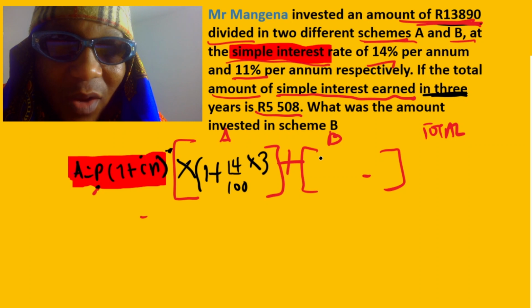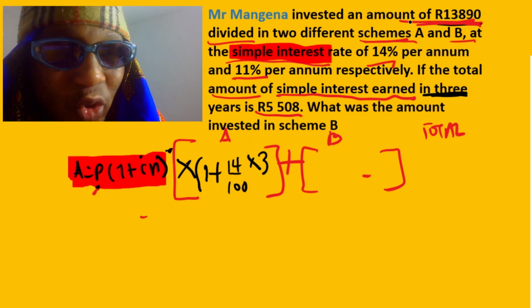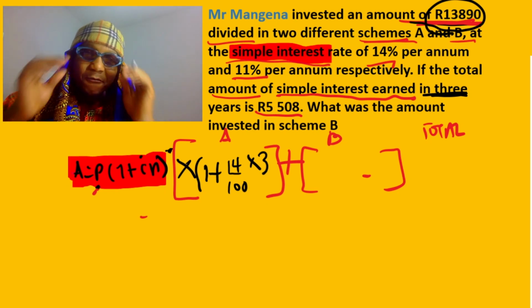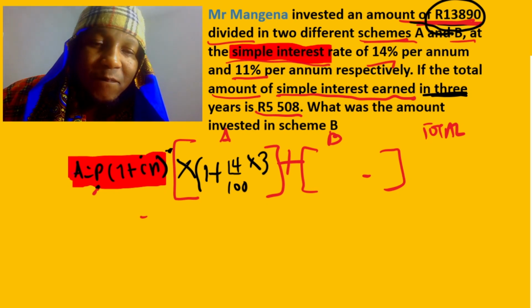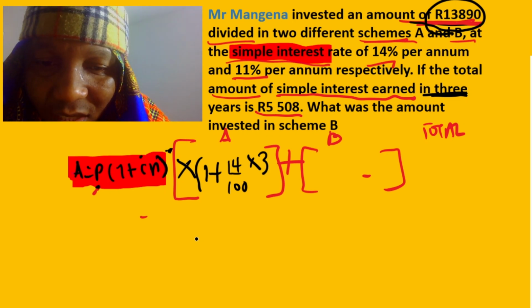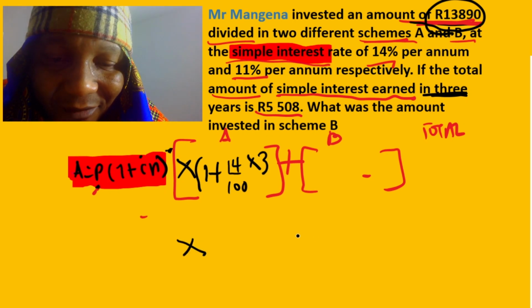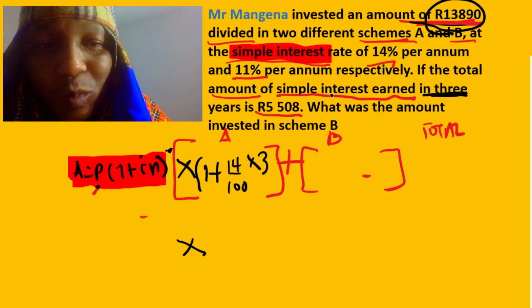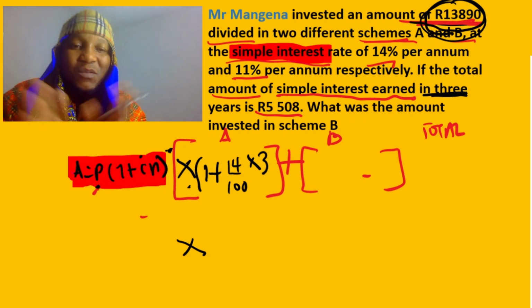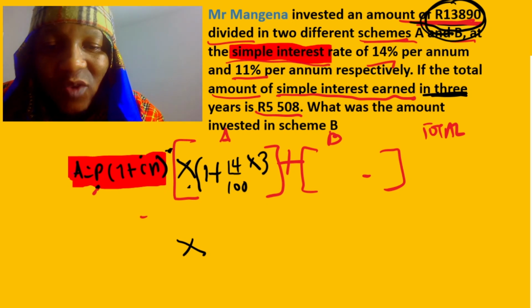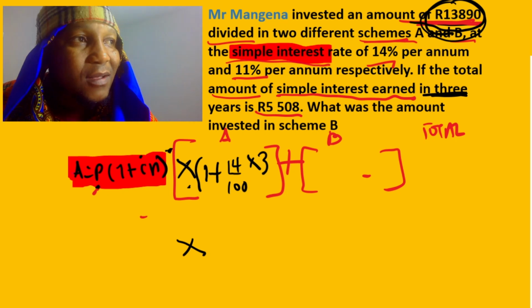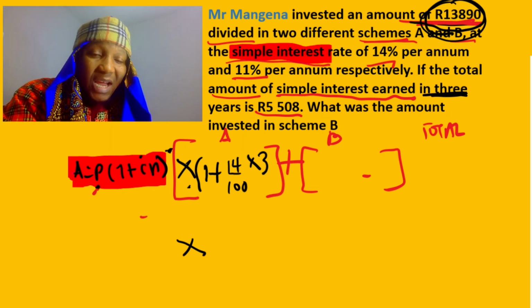Now we come to the second one. Look, if this is the total amount I invested, and I split it into two schemes, and the first one got X, that means the second one is going to take the total amount minus X. That's the amount you're going to invest in the second one.